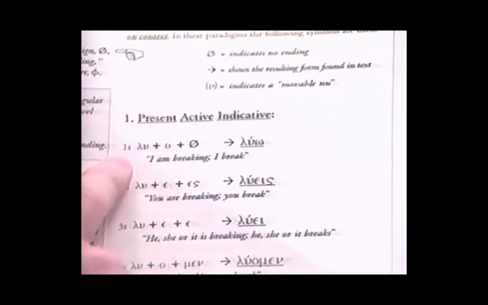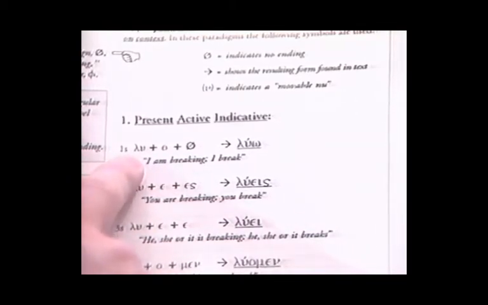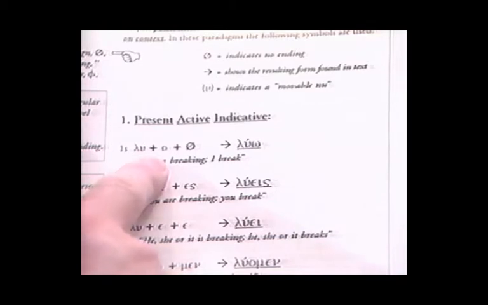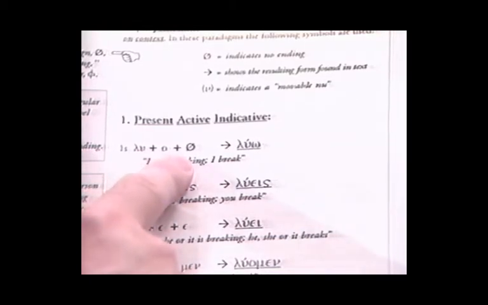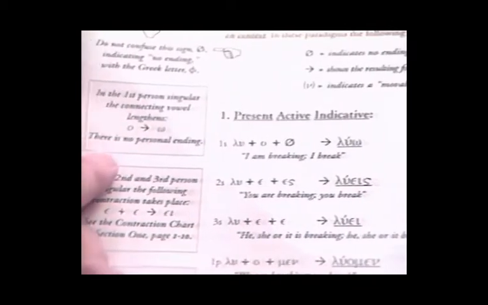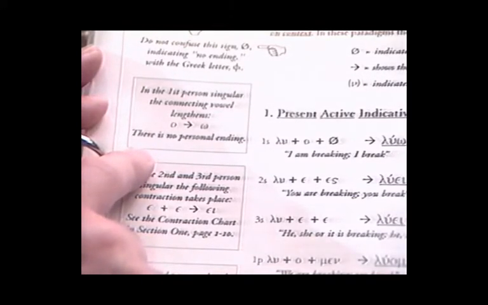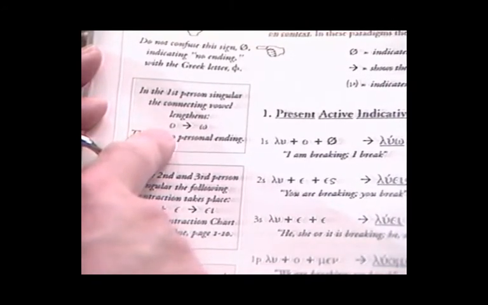Now notice on this first verb form of the present active indicative, we have our verb stem, an omicron connecting vowel, to which nothing is added. When you see something like this, pay attention to these notes that are given in the grayed boxes to the left. They will explain what is happening. For example, it explains to us here that in the first person singular, the connecting vowel changes from an omicron to the long O, which is an omega.